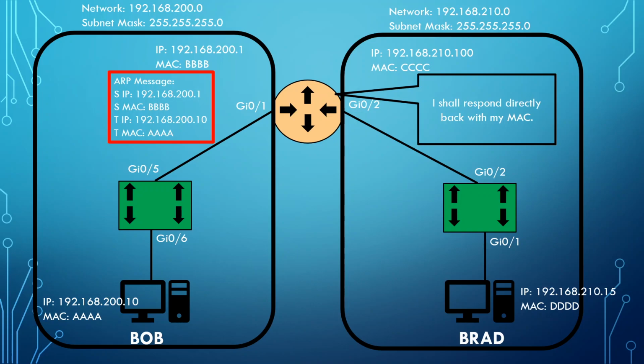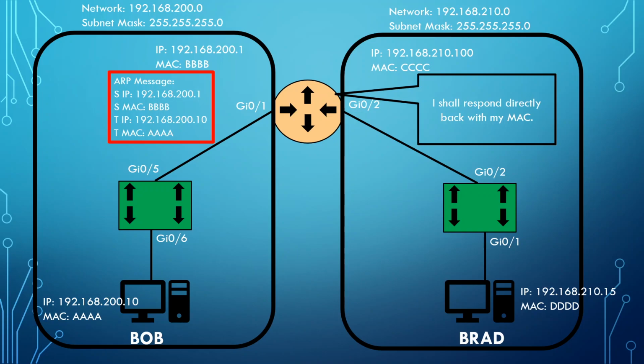Because you have to remember that the ARP request Bob sent is going to list his IP address, and it's going to list his MAC address. So now, using that information, the router obviously knows that Bob is using IP 192.168.200.10, and he's using the MAC address AAAA.